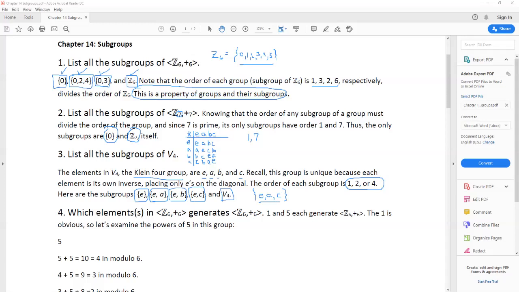That would be one reason. But notice we do not have closure with EAC because if you take A star C, if you look at the table, A star C is actually B. And B is not contained in the set.